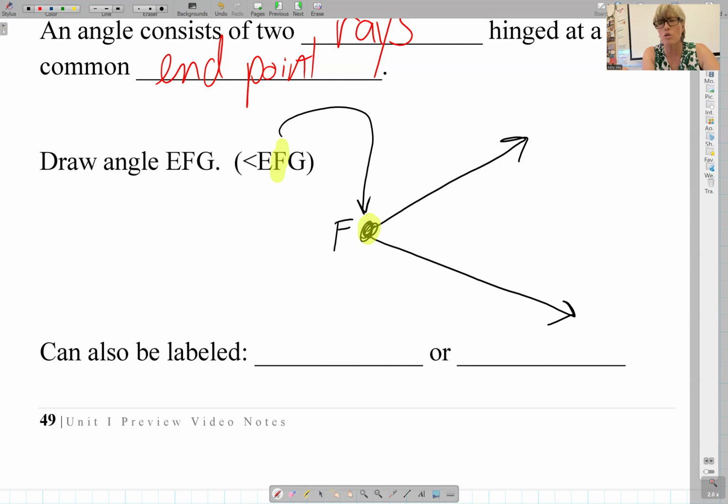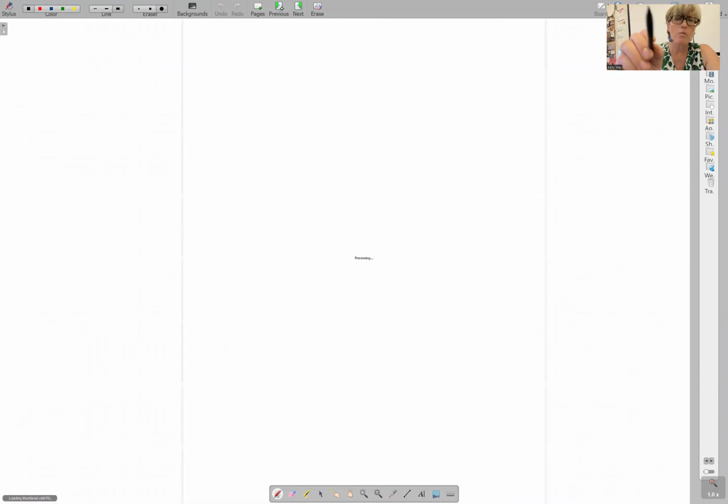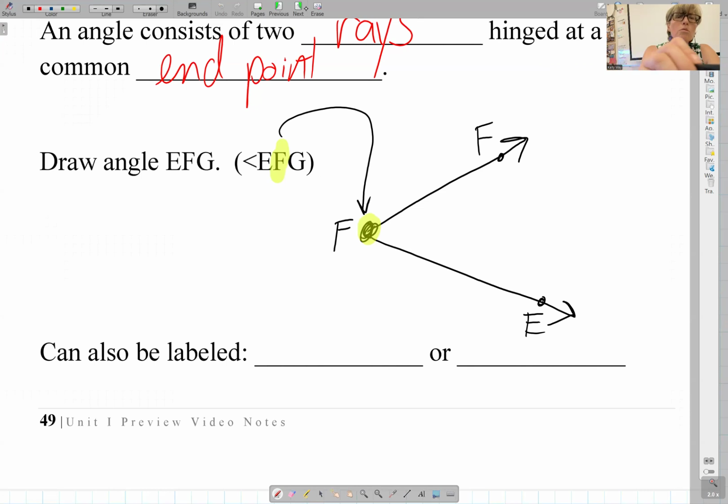So that center letter is always going to be the hinge point. Does not matter which direction E and F is. So I could put E down here, put F up there. Excuse me, not F, G. Whoops. Undo that. This is G here. F is the hinge point. G goes there. So when we do, I could label this pencil here.